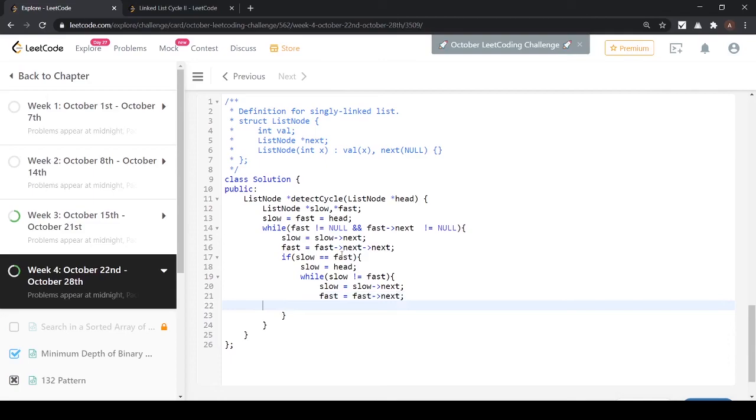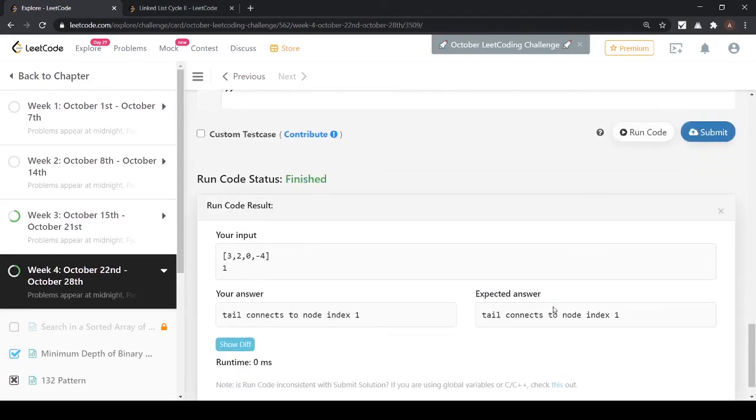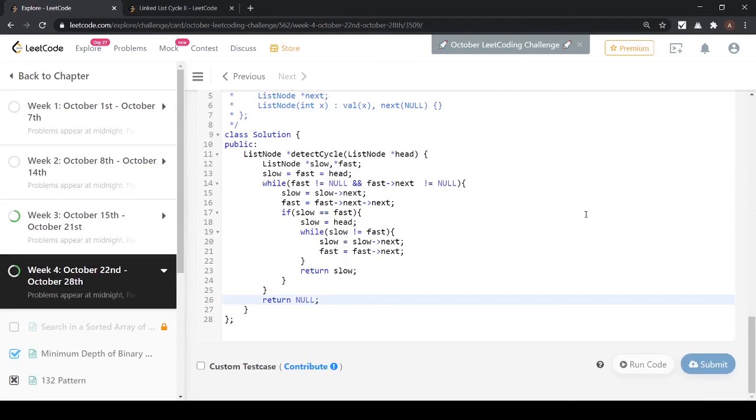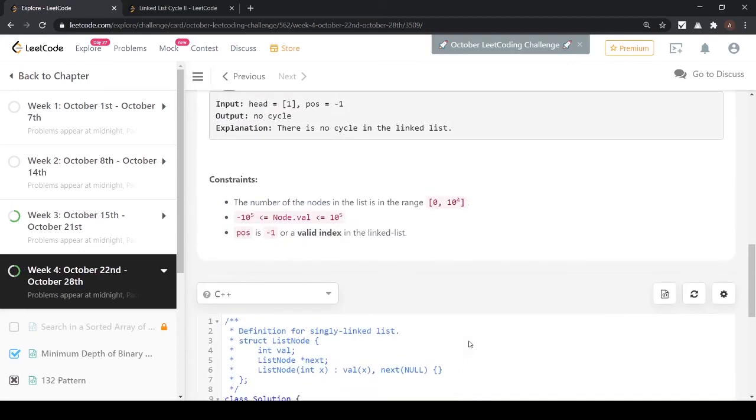We just move by one node. I think that's it. Now we return slow, because it doesn't matter whether slow or fast, they both point towards the same node at the end. And if nothing is found, then return null. Let's run the code. Okay, it works. Now let's submit. It should pass all the test cases. Yeah, it did pass. Okay, that's it.